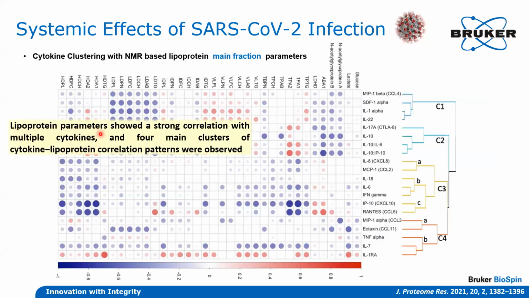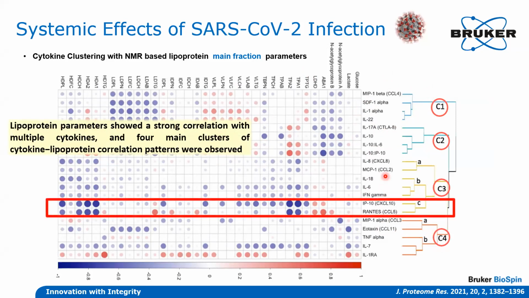The lipoprotein parameters show strong correlations with multiple cytokines, and there are 4 main clusters in the cytokine-lipoprotein correlation pattern, labelled cluster 1, cluster 2, cluster 3, and cluster 4. Due to time, I will only go to 2 important cytokines, IP10 and RANTES.